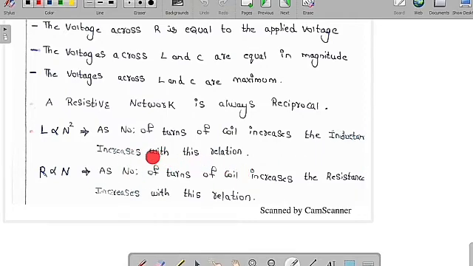Whereas R is directly proportional to N. N is the number of turns of the coil, and R is the resistance of the coil. As the number of turns increases, the resistance of the coil also increases with this relation.